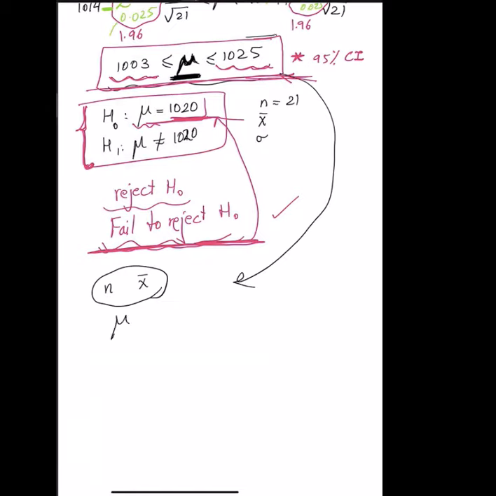And this confidence interval that we constructed helps me with that inference, because it means I don't know the mu, but I can tell you that I'm 95% confident that this unknown mu falls somewhere in this interval.